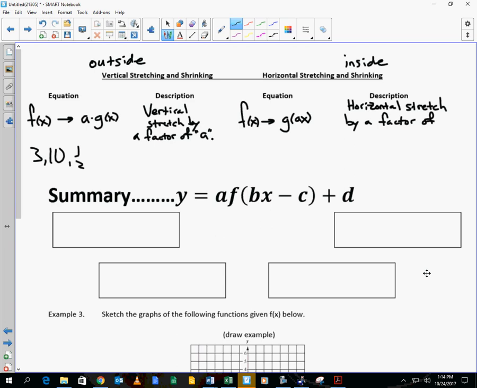This is where you've got to lean in. You've got to trust me. You've got to focus. Are you ready? Okay, here we go. Suppose you have y equals (x minus 3) squared. Is that a shift to the right 3 or left 3? Right 3. It's opposite of what you thought, right? When it's on the inside, it's opposite of what you think. So this is a horizontal stretch by a factor of 1 over a, the reciprocal value.